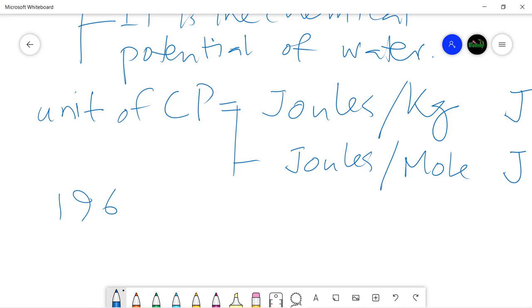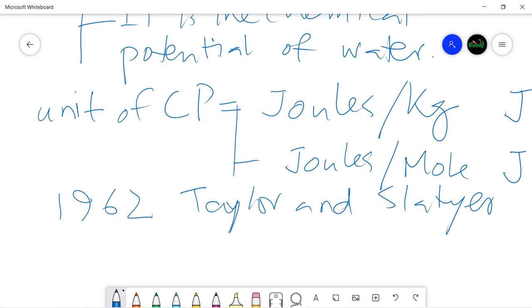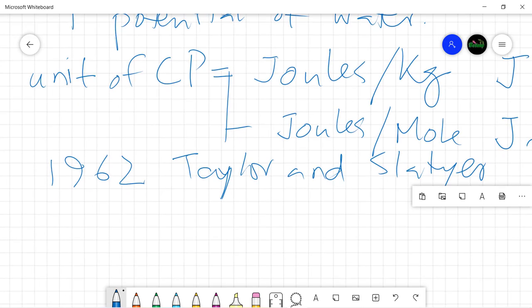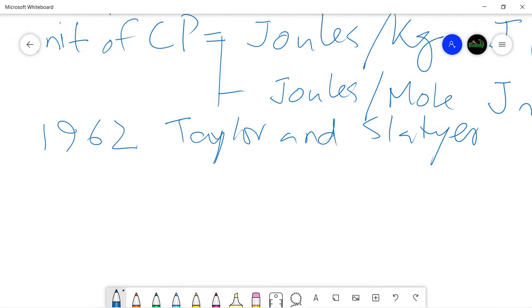In 1962, these two scientists, Taylor and Slater, recommended that we can divide the energy units of the chemical potential by partial molar volume.